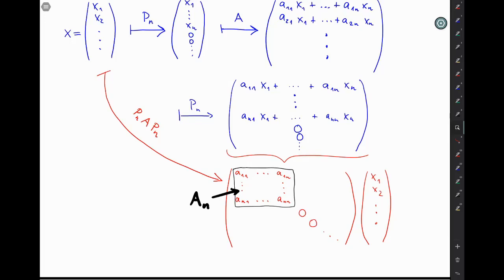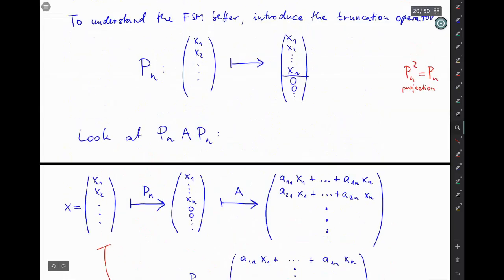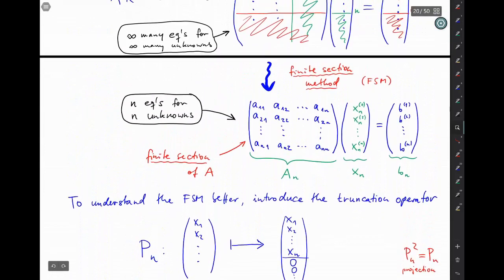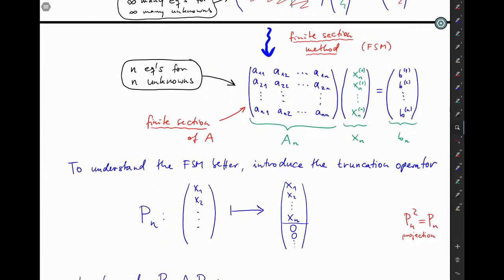So having seen this computation with this new truncation operator Pn, we could express the ingredients of our finite systems here as follows. We could say that this n by n matrix is the leading and the only non-zero part of the operator or matrix Pn.